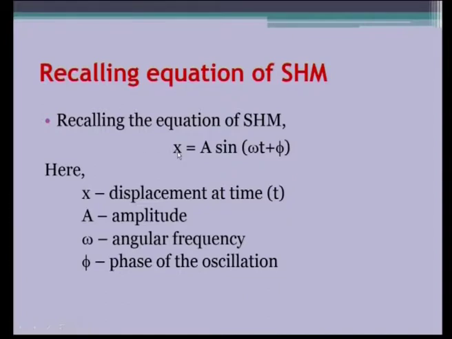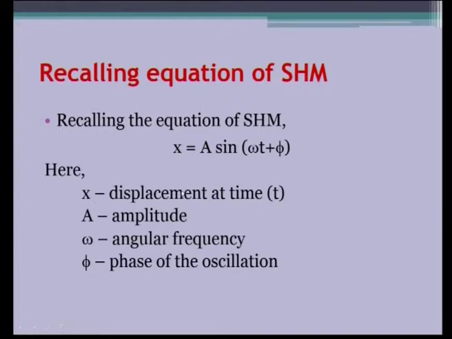Here we have taken the equation for the point which has displacement in the direction of x. So, that is why the equation has x on the left hand side, which is equal to a sin(omega t plus phi). What are these terms?